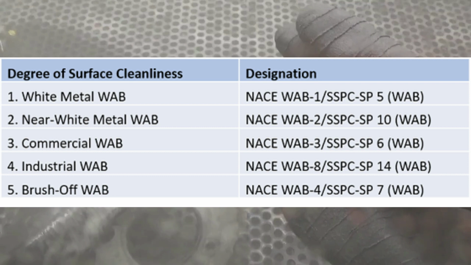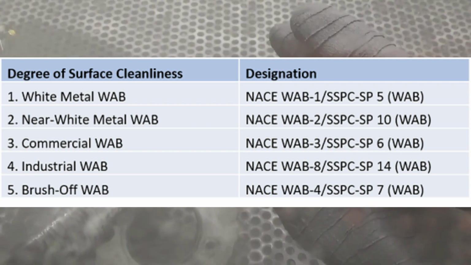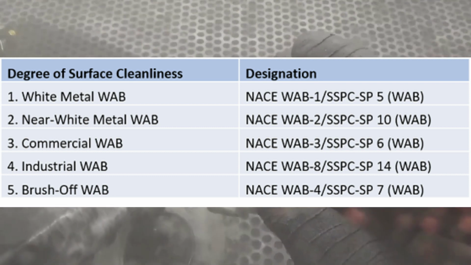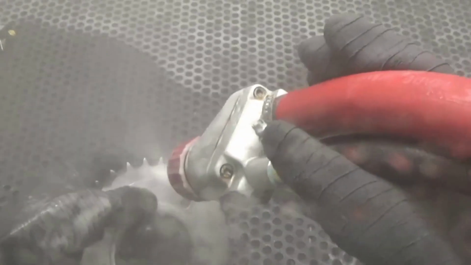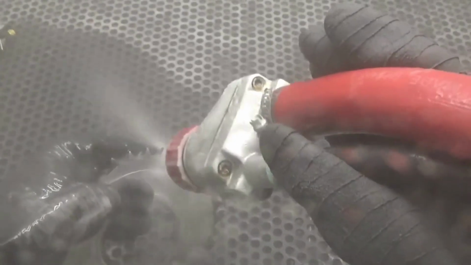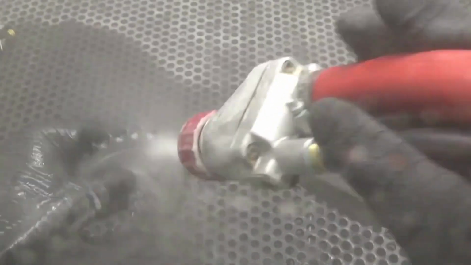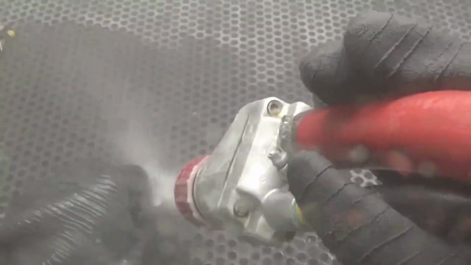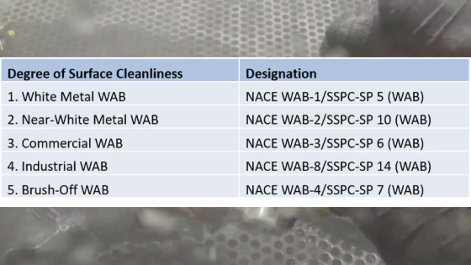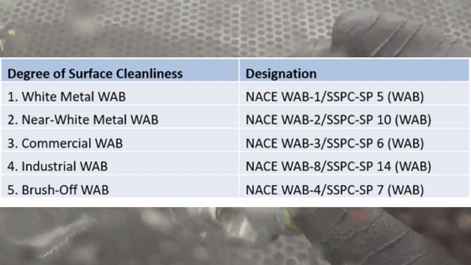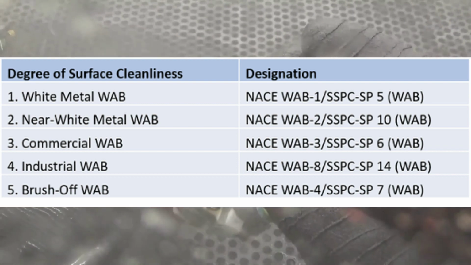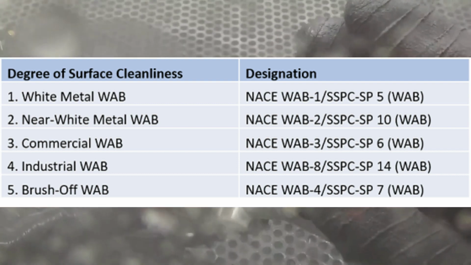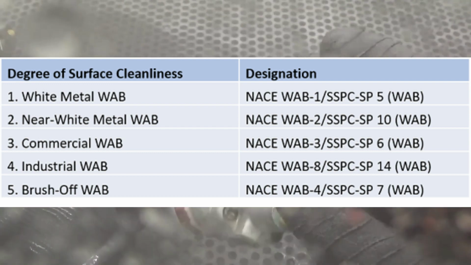SSPC SP5 for wet blasting, NACE 1, white metal wet abrasive blast cleaning; SSPC SP10, NACE 2, near white metal wet abrasive blast cleaning; SSPC SP6, NACE 3, commercial wet abrasive blast cleaning; SSPC SP7, NACE 4, brush off wet abrasive blast cleaning; SSPC SP14, NACE 8, industrial wet abrasive blast cleaning.